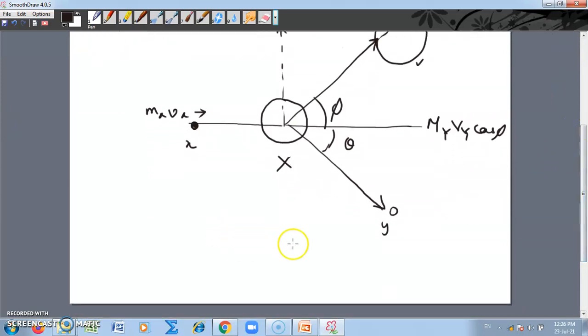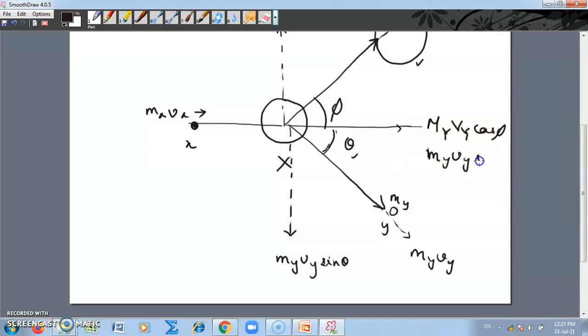For this particle, its mass is My, so its momentum along this particular direction would be My Vy, and if I resolve it perpendicularly, this is the sine component because the angle is on this side, so I have here My Vy sine of theta, because this angle is theta, and along this direction it would be My Vy cos theta.